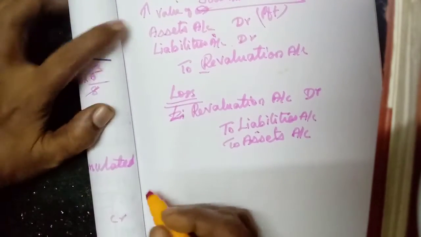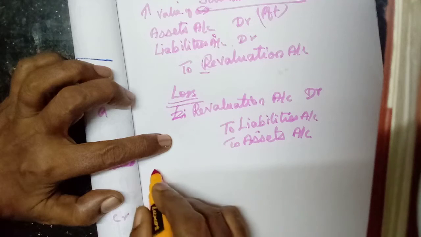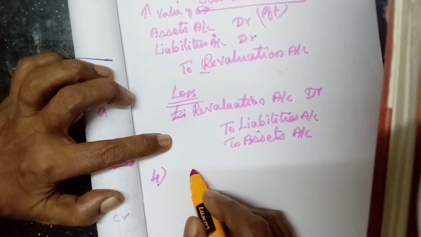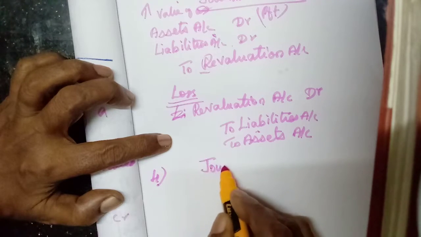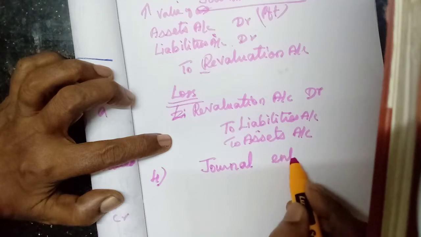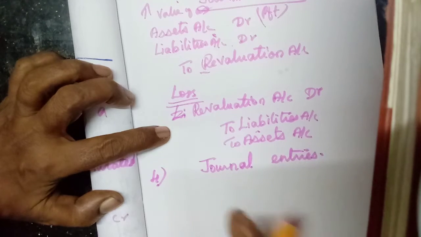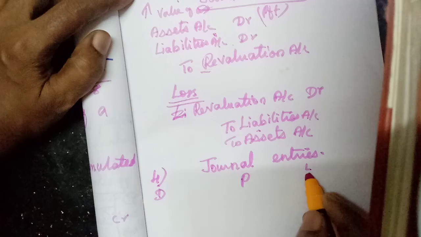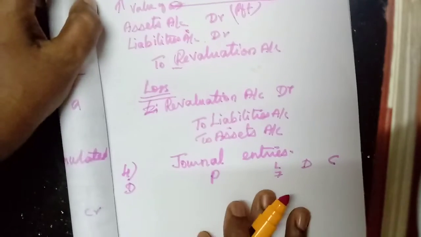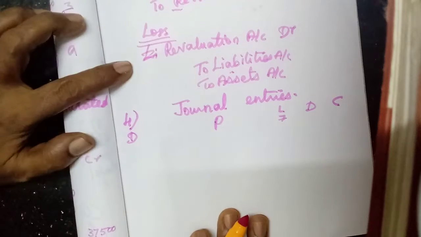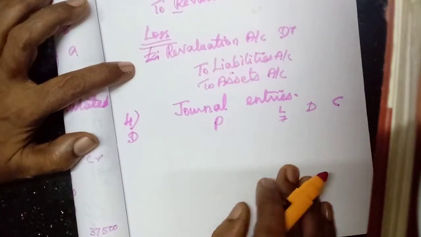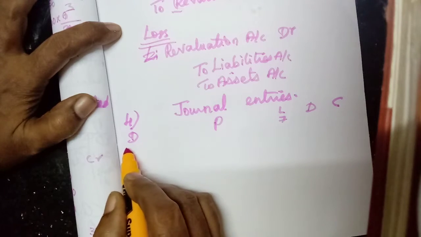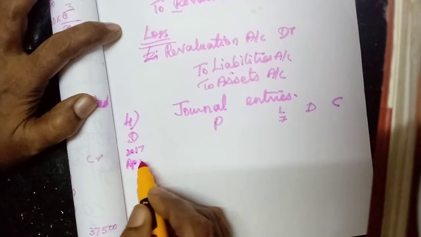So first we will write the number. Okay, 4. Now revaluation. We will write the journal entries. Date, particulars, LF, debit, credit. So increase in the value of premises. So date, the admitting date, 2017 April 1.